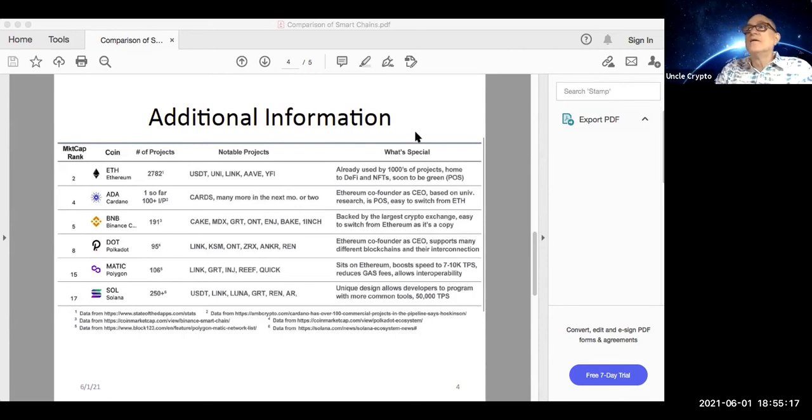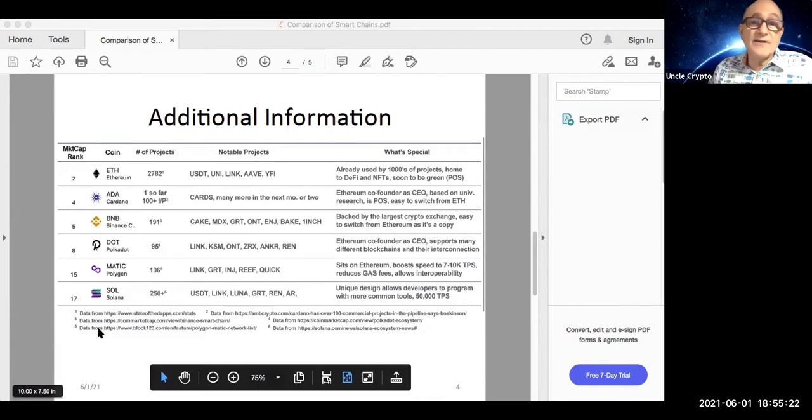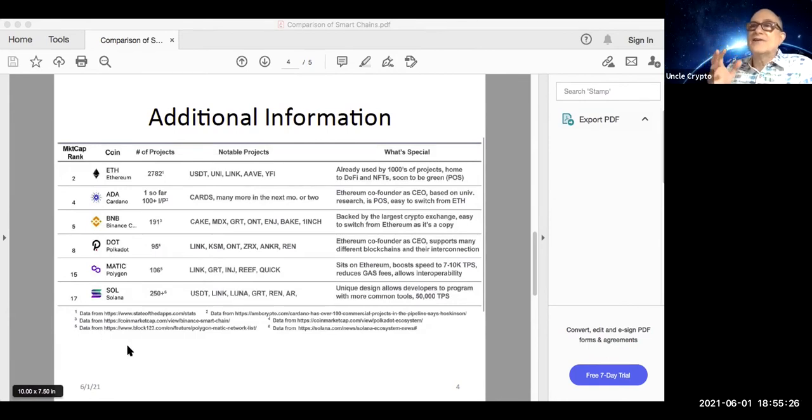Okay, so here we have the market cap rank, which is kind of interesting. And it's interesting because it tells you how much acceptance the coin already has. So ETH is number 2, obviously. ADA is number 4.